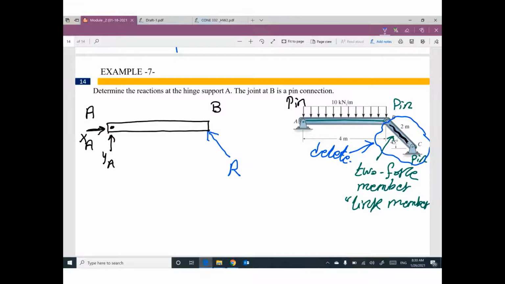One more time. If you have a two-force member and you are sure that this member is a two-force member, please remove it, delete it, and put only one reaction in the same direction of this member. That's it. So this problem is converted to this simple problem.